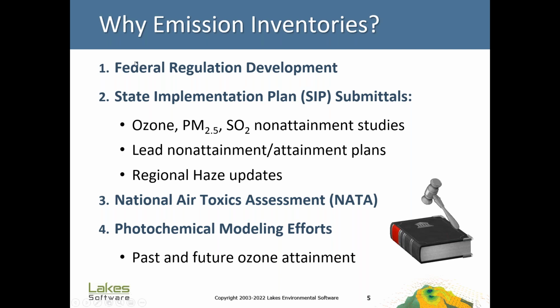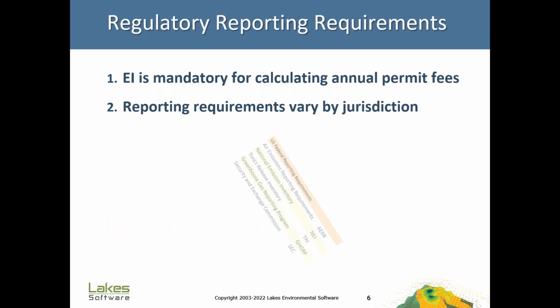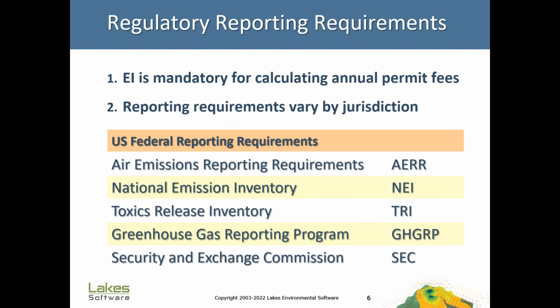And then we can see that locations that need to do photochemical modeling to forecast ozone or improve air quality also need emissions inventory. So these are just examples in North America. Every country will have its requirements. We're just showing that we satisfy all the requirements.